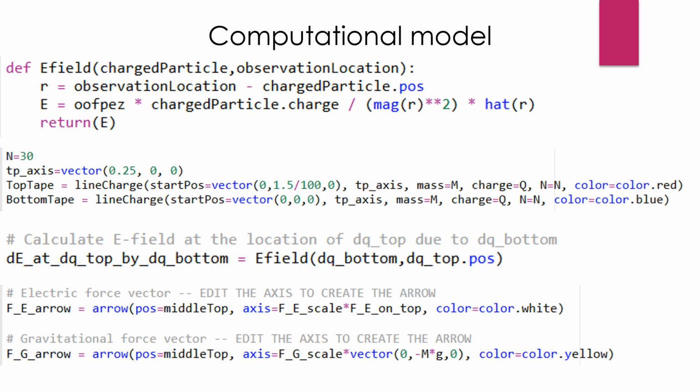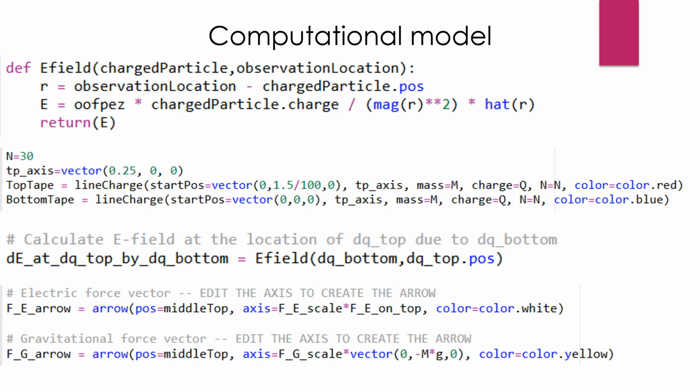For the computational model, the first and most important function is the electric field function given by a charged particle at an observation location. First, we calculate the vector that points from the charged particle to the observation location as the observation location minus the charged particle's position. Then we simply use the formula for the electric field to calculate it, and we return that value.